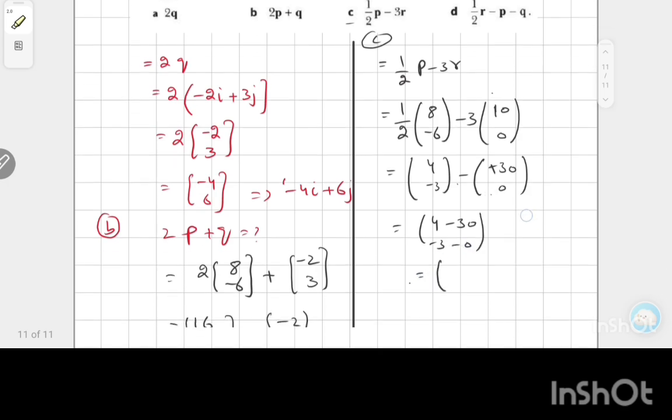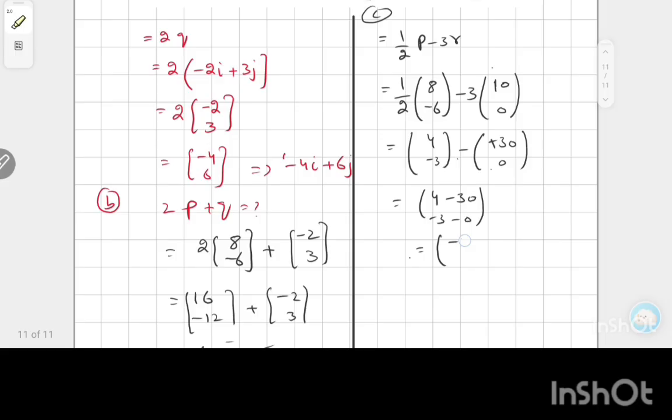So we got 4 minus 30, the answer is minus 26. Minus 3 minus 0, we got the answer minus 3. Here we will write in this form: minus 26i, first component is i, and second component is minus 3j. So dear student, hopefully you can understand this question.